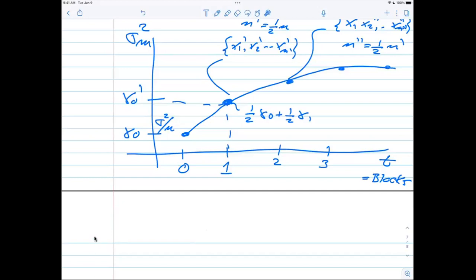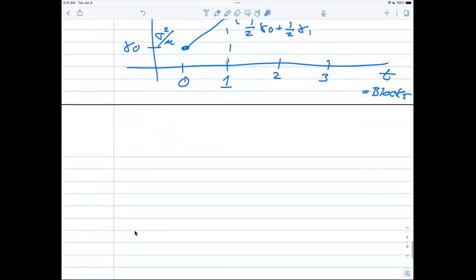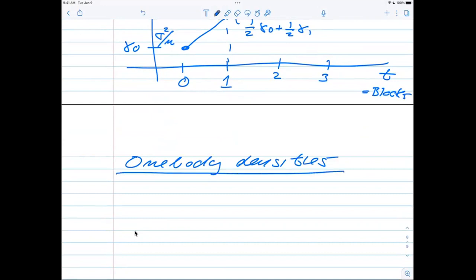Because that's a very fine quantity which can be used to evaluate the degrees of correlations. So let's just write this down. One-body densities. This is a small technicality, but it's a very interesting technicality. So the overarching aim is to understand the role of the interaction.